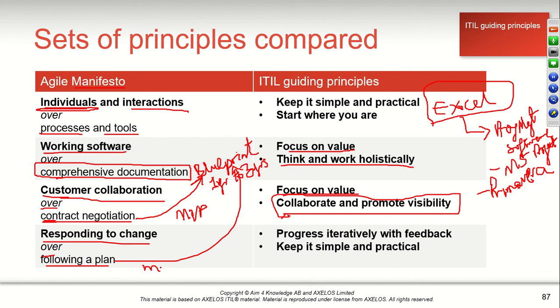They create something called milestones to say this is the first milestone, second milestone, third milestone. Now that is talking about the plan. Plan is good. However, under the Agile Manifesto, it is preferred that you are able to respond to change rather than following a plan.